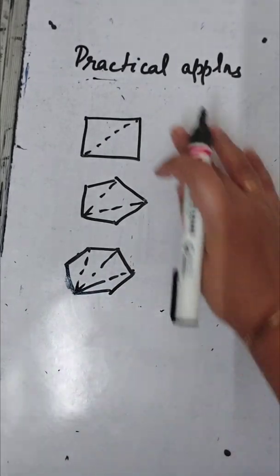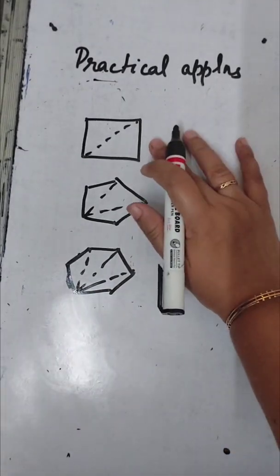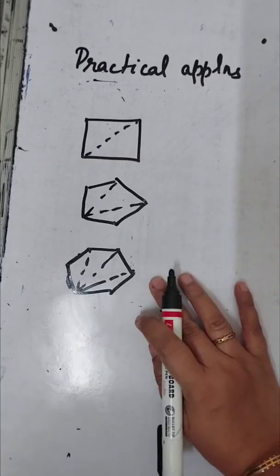Okay, so these three are different shapes, one with 4 sides, one with 5 sides and one with 6 sides.